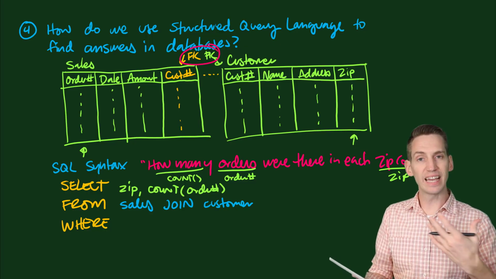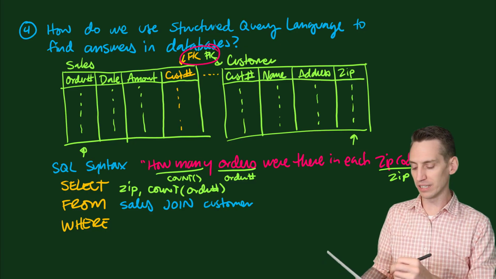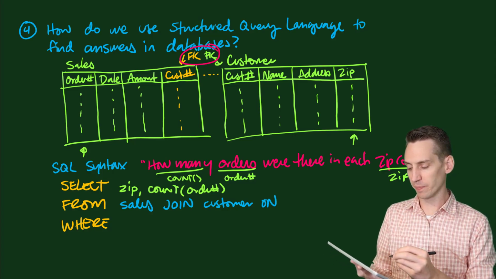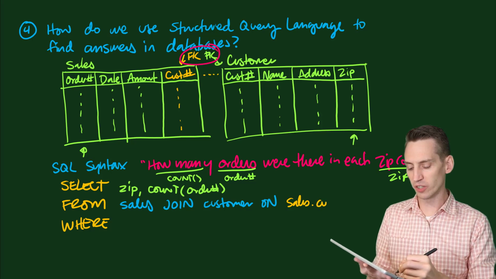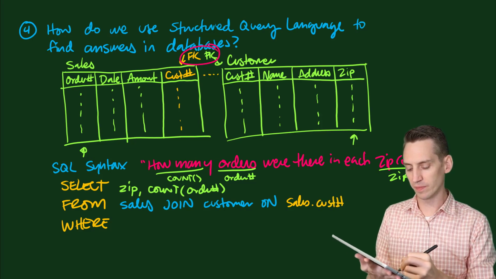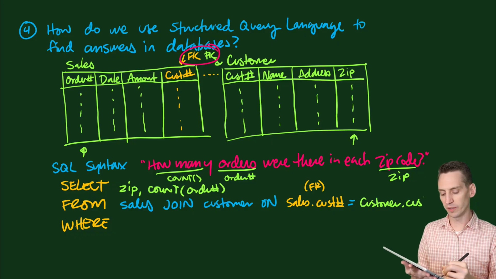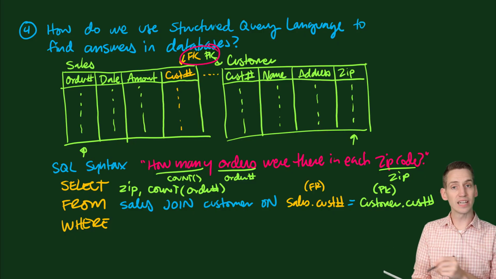And it has to indicate where the primary key foreign key relationship is. On, we're going to start with the foreign key, sales.customer number. That's my foreign key. Equals my primary key, customer.customer number. So this line will tell me to join those two tables on that primary key foreign key relationship.